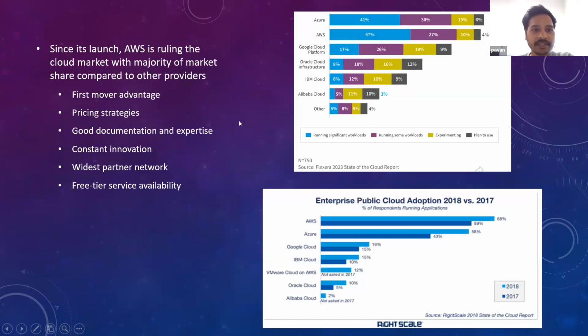Since its launch, AWS is ruling the cloud market with the majority of market share compared to the other providers. Why are organizations using AWS? Obviously they have the first mover advantage, which means they offered their services first, and it was kind of a revolution at that time.